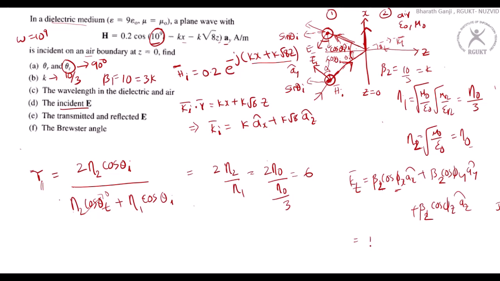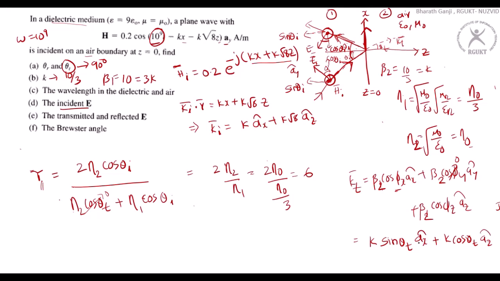So I can put here k times, and you can see with the x-axis you're making an angle of 90 minus theta t, so you get sine theta t ax cap, plus, because with the y-axis it is 90 so this goes to 0, whereas with the z-axis it is making an angle of theta t, so you get beta 2, which is k, times cos theta t times az cap.